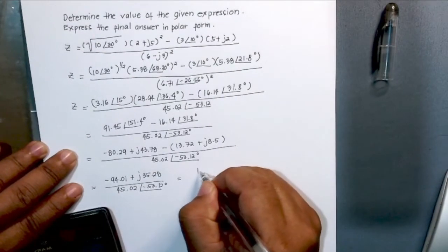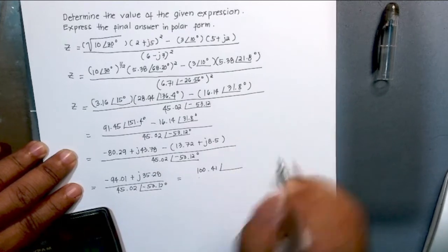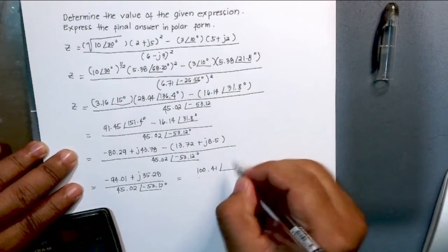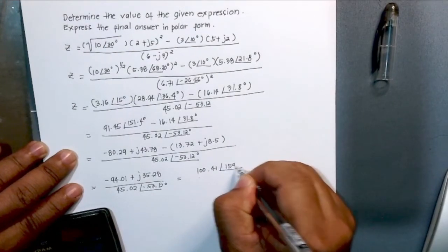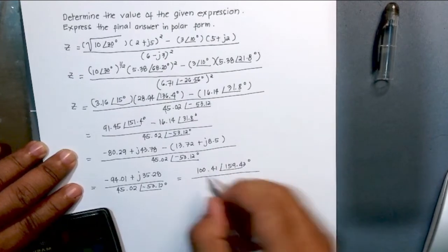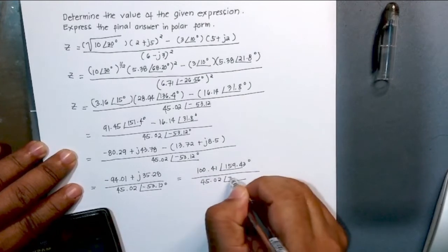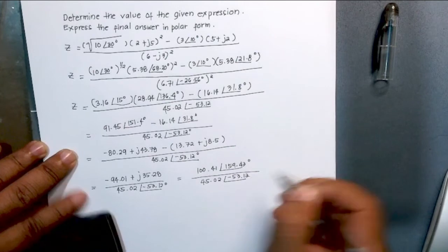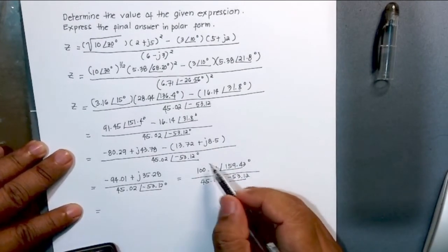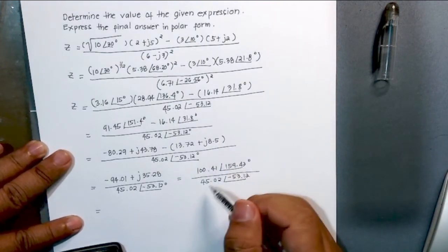So that is 100.41, okay, and the angle value is 159.43 degrees. Okay. So you have here copy negative 53.12.